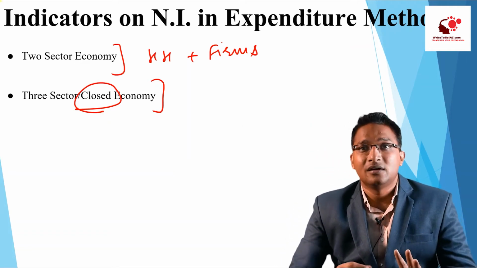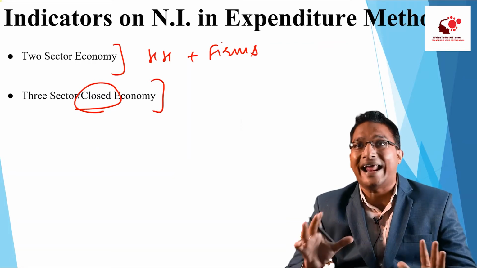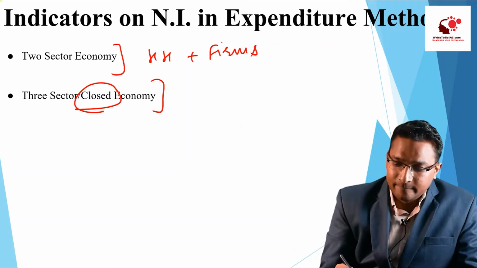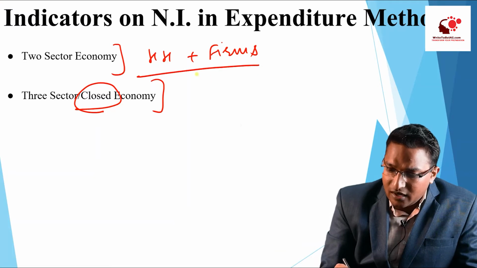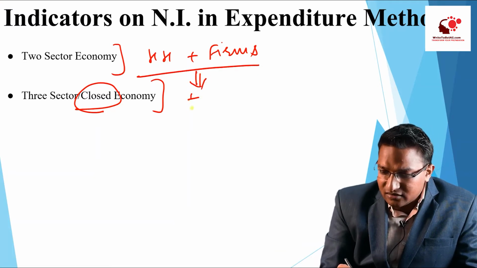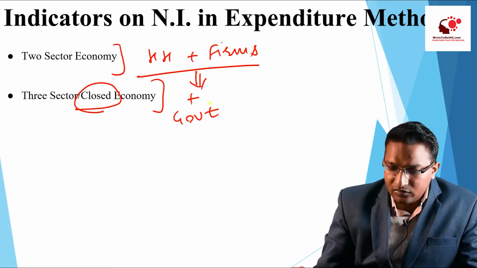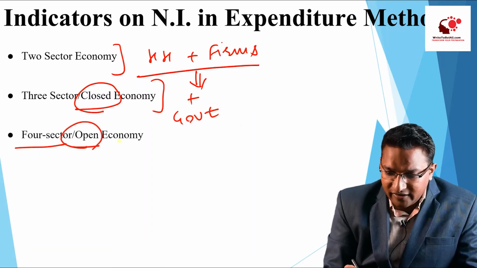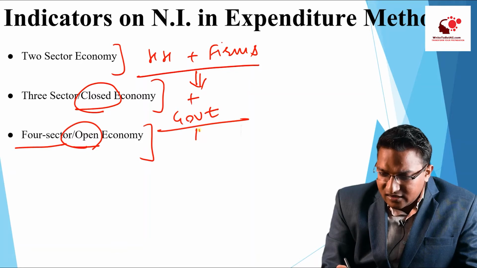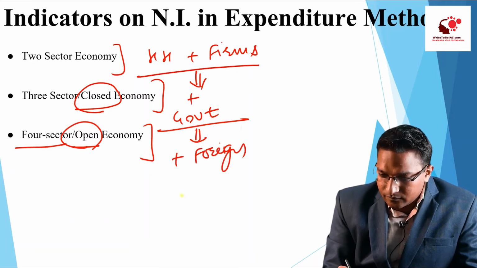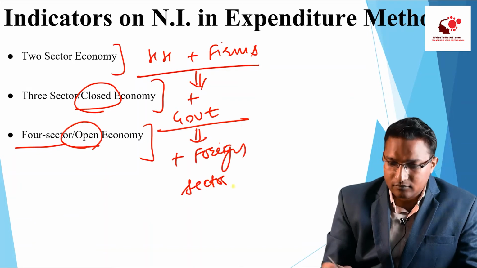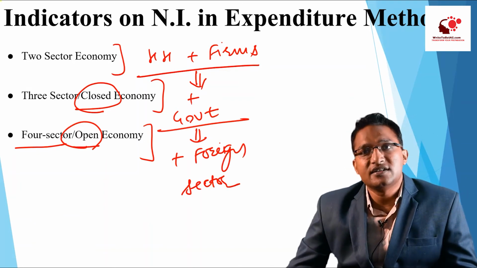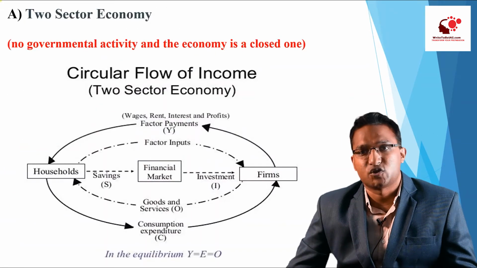We are assuming that economy is closed. There is no interaction with the outside countries. So here, apart from the household and firms, we will add the government also. And third, the fourth sector or open economy, where along with that we will also add the foreign sector. Right? So these are the different perspectives.